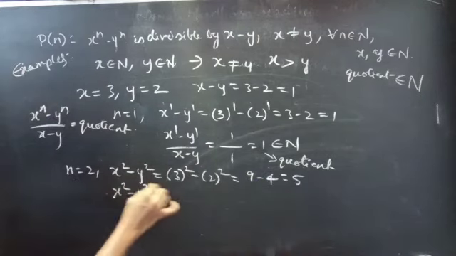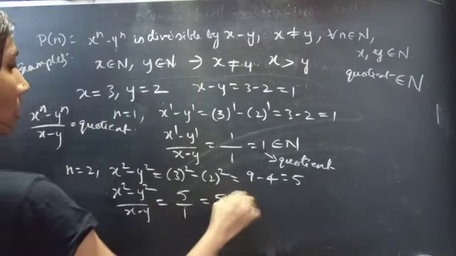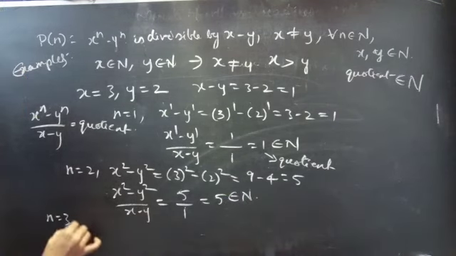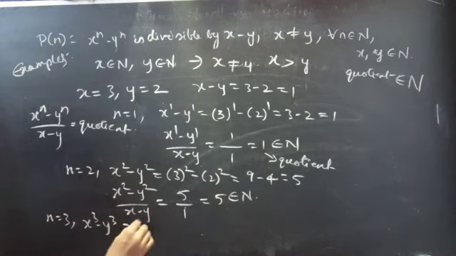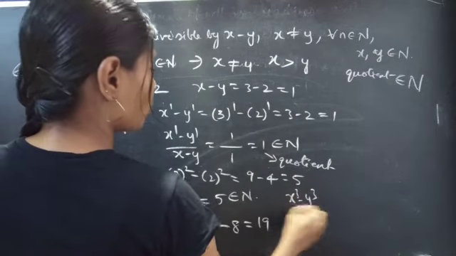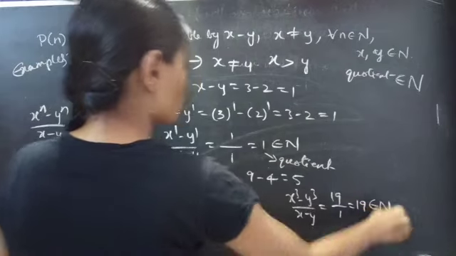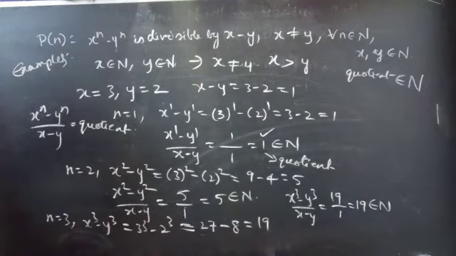Then (x square minus y square) by (x minus y) equals 5 by 1 equals 5, which belongs to N. Likewise, when n equals 3, x cube minus y cube is 3 cube minus 2 cube, which is 27 minus 8, equals plus 19, and (x cube minus y cube) by (x minus y) gives 19 by 1 equals 19, which belongs to N. Here 1, 5, 19 are all positive, right?